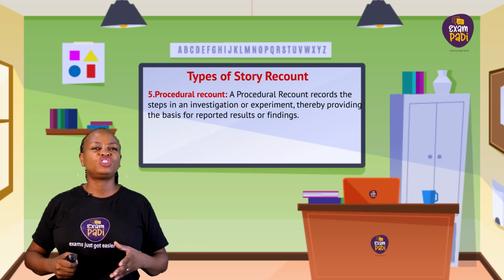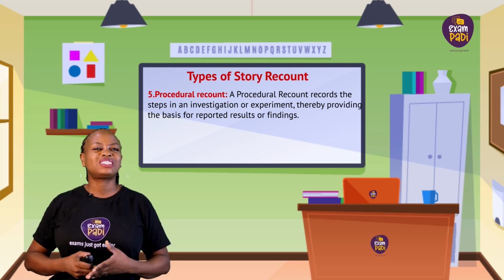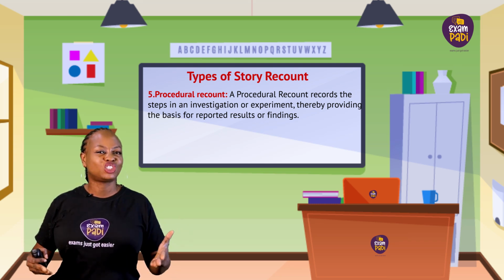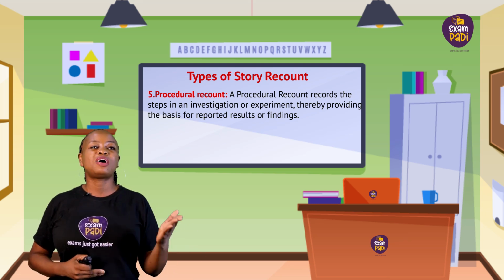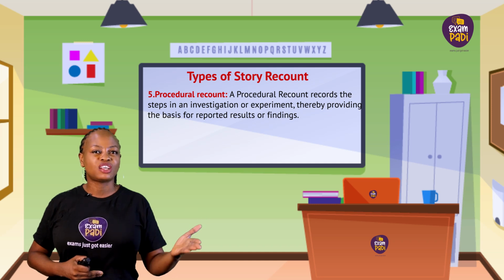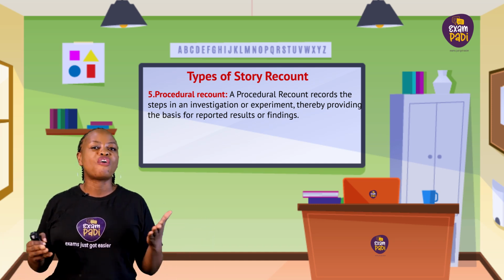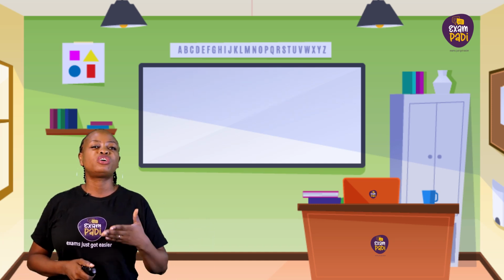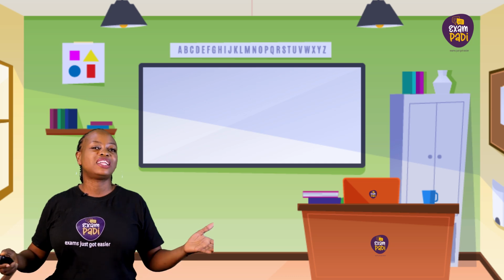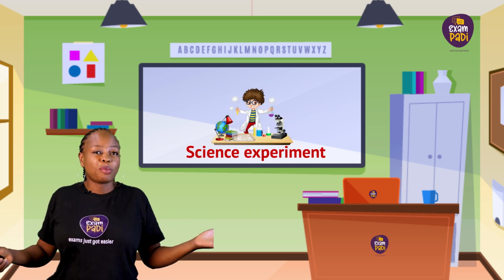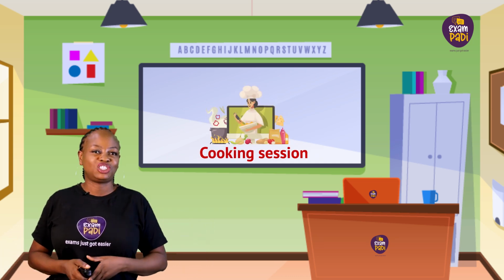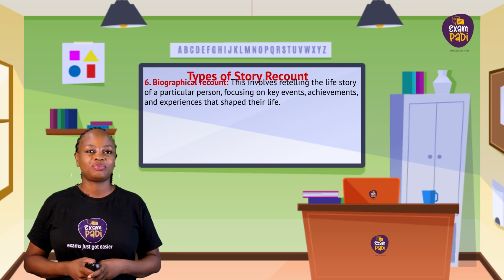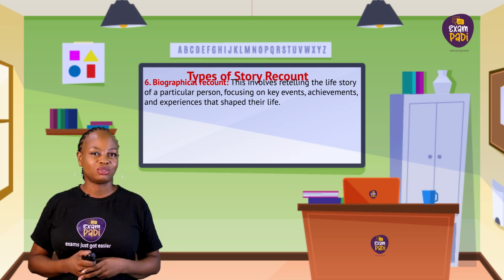5. Procedural recount. A procedural recount records the steps in an investigation or experiment, thereby providing the basis for reported results or findings. A procedural recount records events such as a science experiment or a cooking session. 6. Biographical recount.